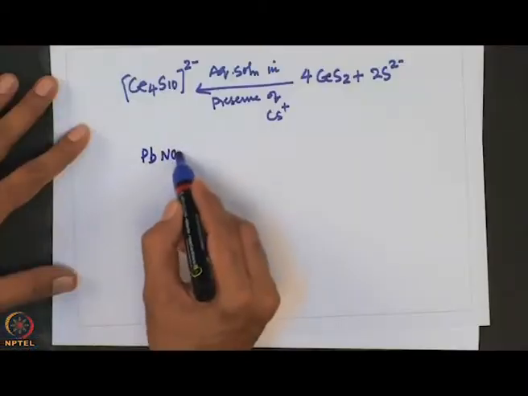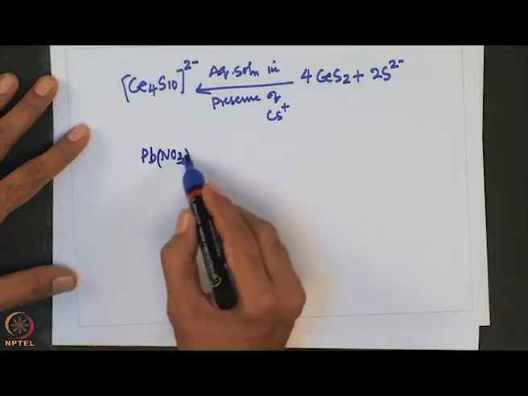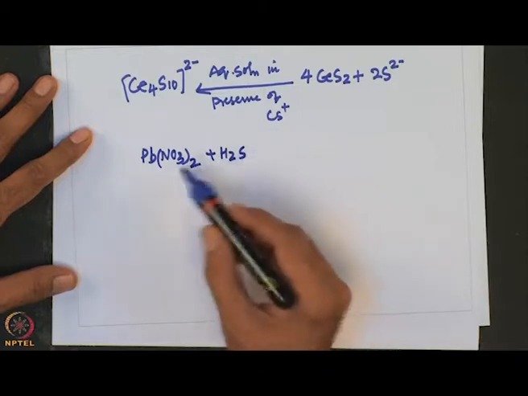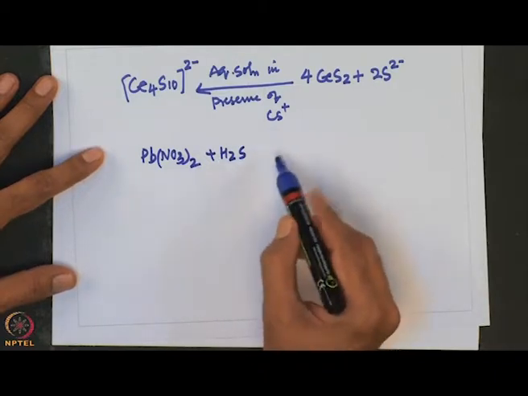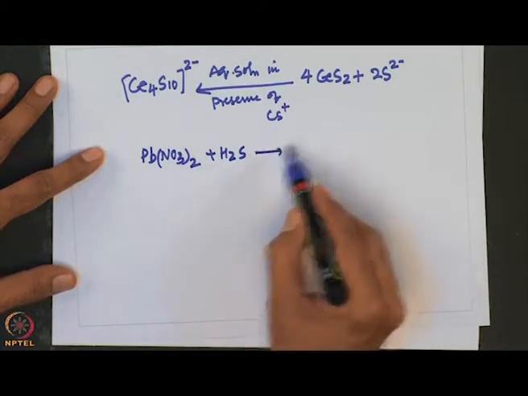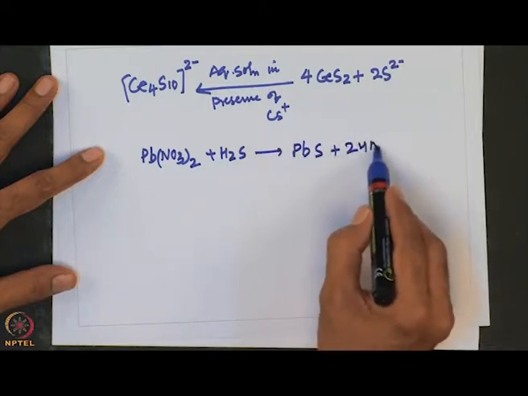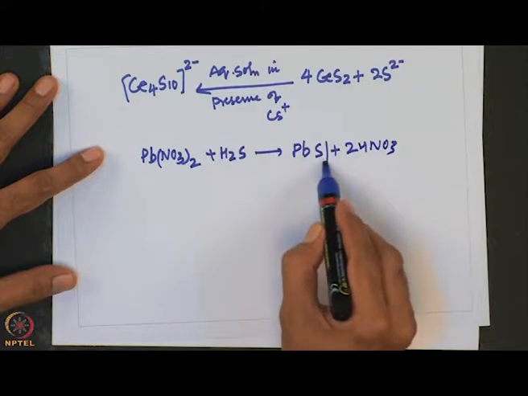For example, when an aqueous solution of lead nitrate is treated with H2S gas, it gives PbS plus 2HNO3, and this is a black precipitate.